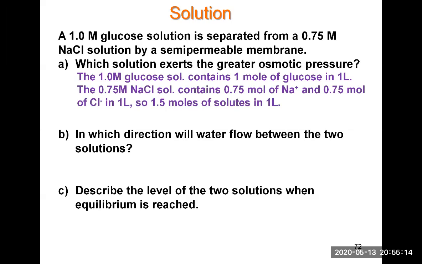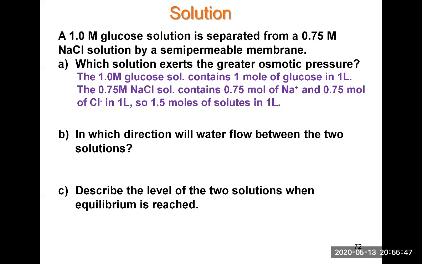And so basically it's 2 times 0.75 moles of NaCl, and you have in fact 1.5 moles of solute in 1 liter, because you need to multiply the molarity, 0.75 moles per liter, by the number of particles per formula. And you have 2 particles per NaCl formula. So 2 times 0.75, it's 1.5 moles of solute in 1 liter.